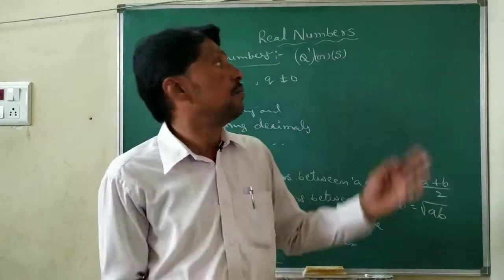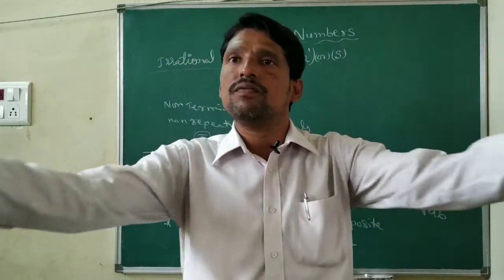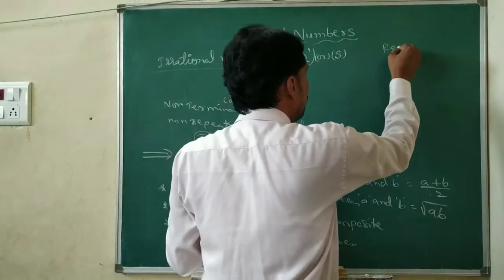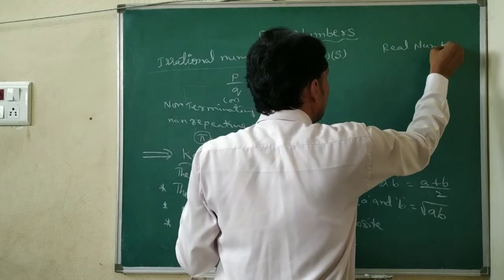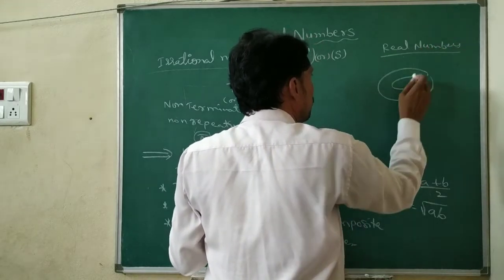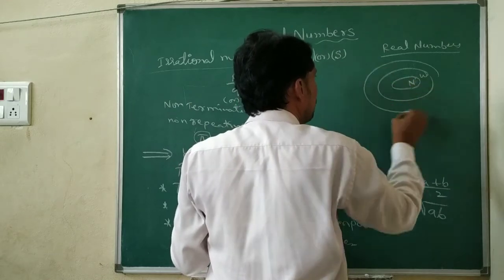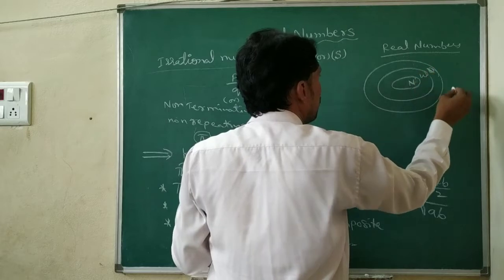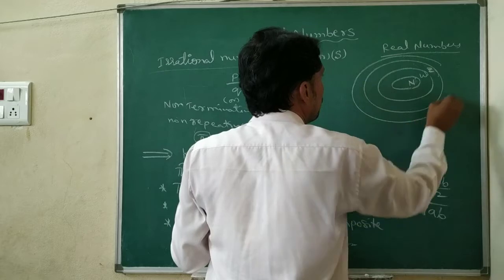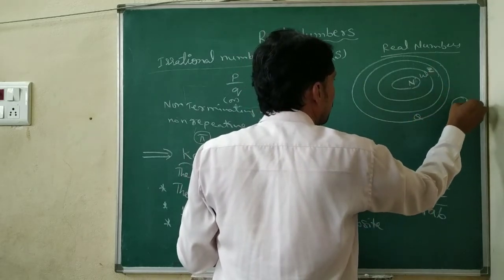So our topic is real numbers. What are real numbers? The combination of all numbers are called real numbers. So what is a real number? The natural number set, whole number set, integers, rational numbers, and irrational numbers.